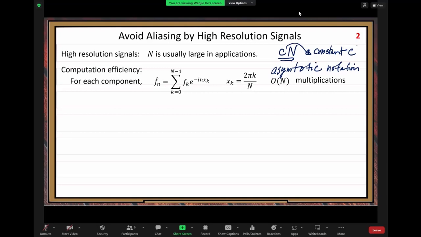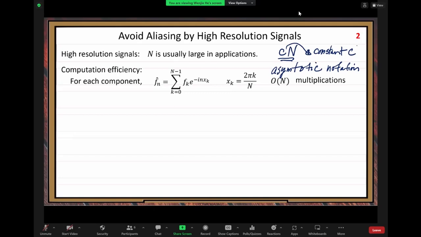If we skip the constant, we use big O of n, and you don't see the constant. Because the constant is easy, we don't want to look at it directly. So in computer algorithms, we use this notation, asymptotic notation.